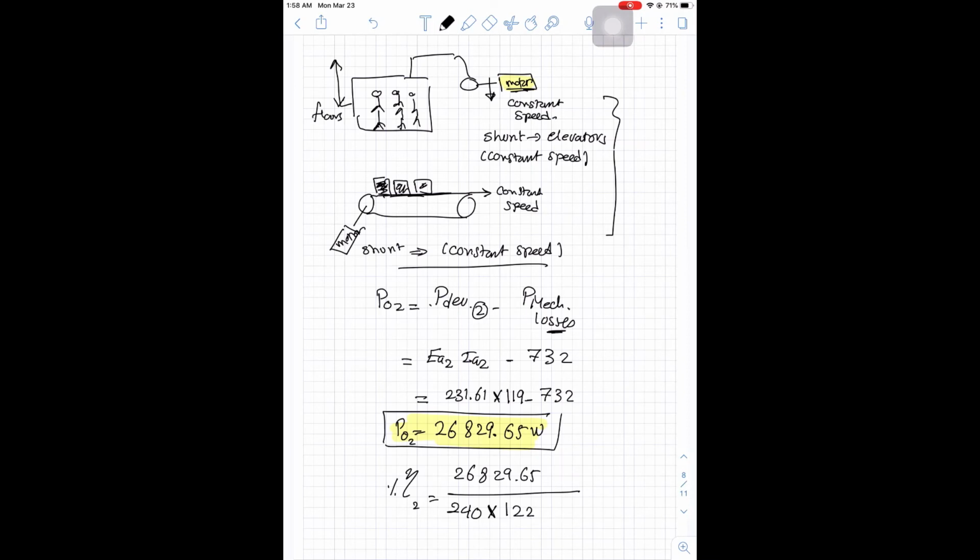So the efficiency of the machine is 91.6%. As you can see, the machine efficiency changes with loading, and even though you removed 30% of your load, your efficiency is still about 90%. This is one of the main advantages of DC machines. That's why DC machines are still used in robotics. These machines are powerful and they have high efficiency.